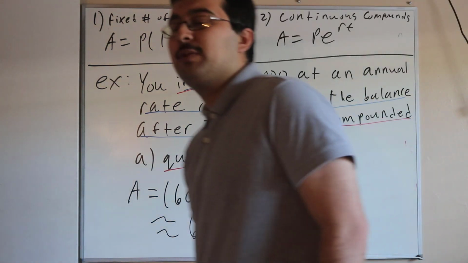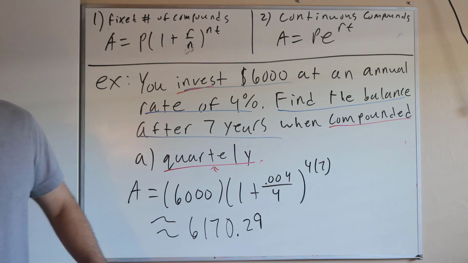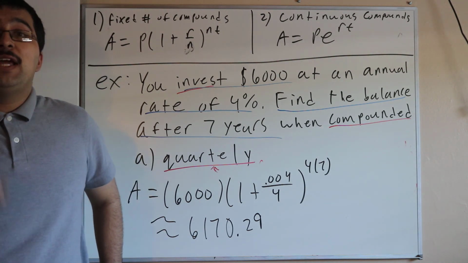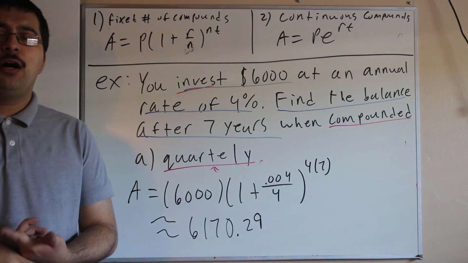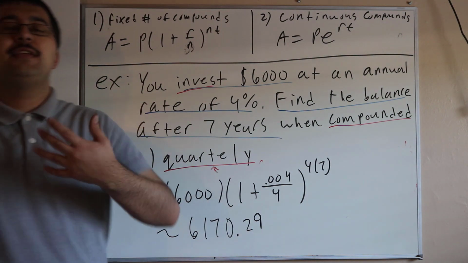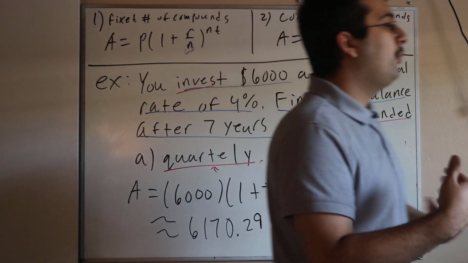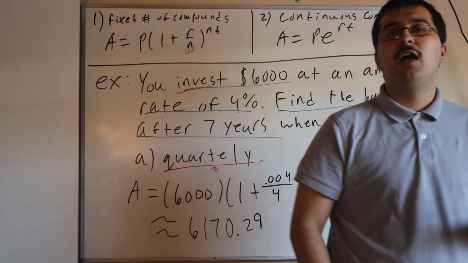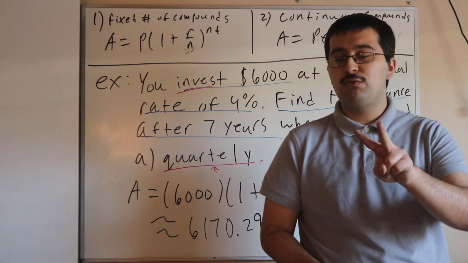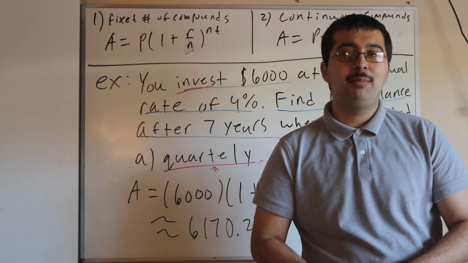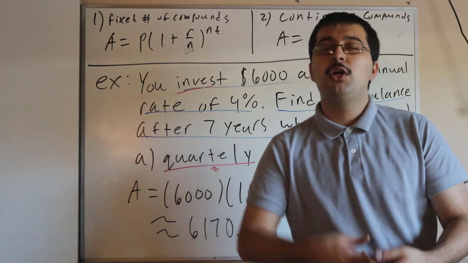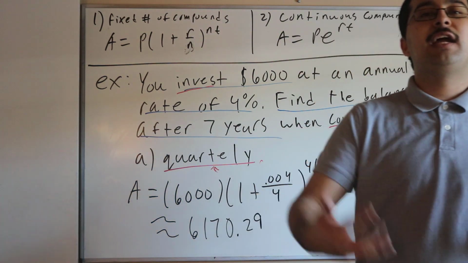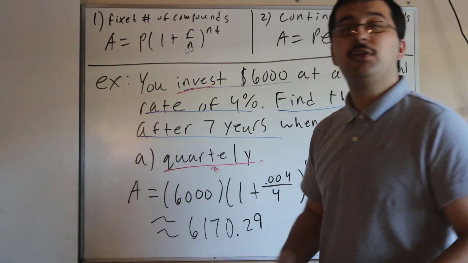All we had to do to start the problem was read through the word problem, and we identified the keywords of invest and compound. That tells us, okay, this is going to be a compound interest problem. Once I understand it's compound interest, I understand that I'm talking about one of two formulas, the fixed number of compounds or the continuous compound. So I read through my wording again and identified that it told me I was compounding quarterly.